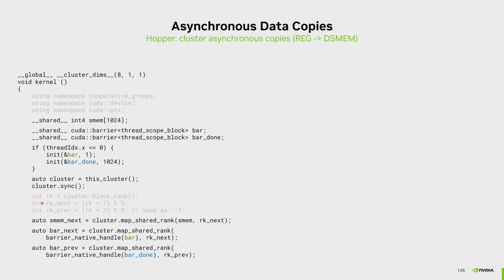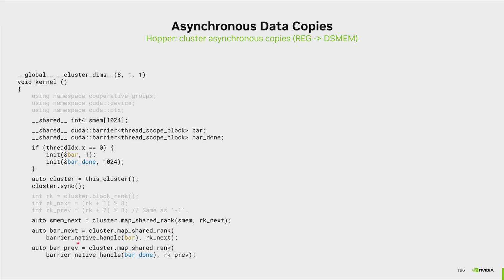Then this code in gray basically gives my local rank and the rank of my left and right neighbor. And finally, before we go into iterations, we need to map shared memory from our neighbors. Since we are going to copy to the right neighbor, we map shared memory from the next rank.